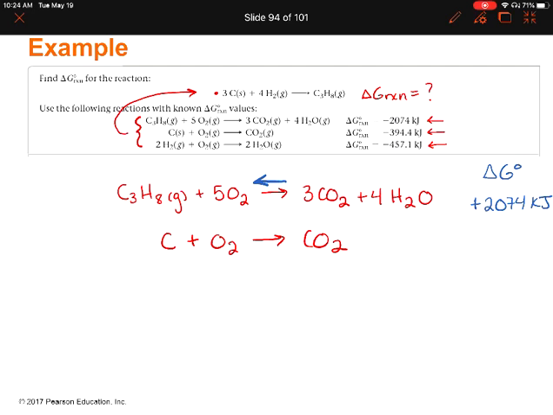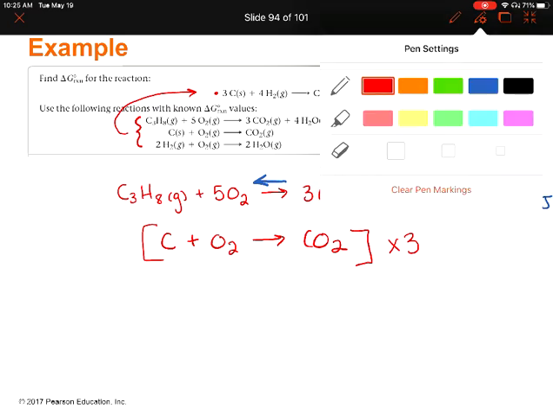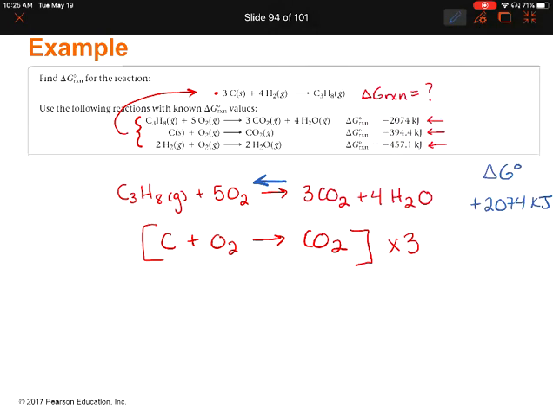So what we'll do is multiply this whole reaction by 3. But if we multiply that whole reaction by 3, we have to do the same thing to the delta G value. So we'll have 3 times negative 394.4 kilojoules.